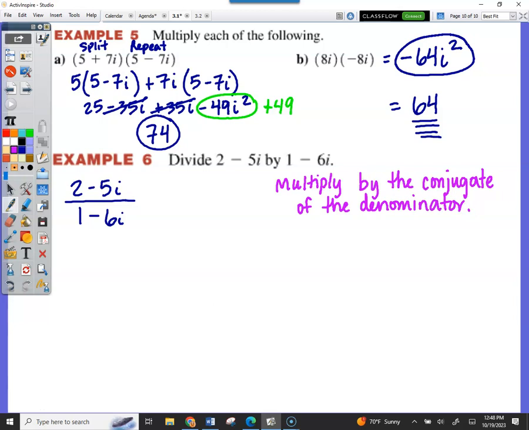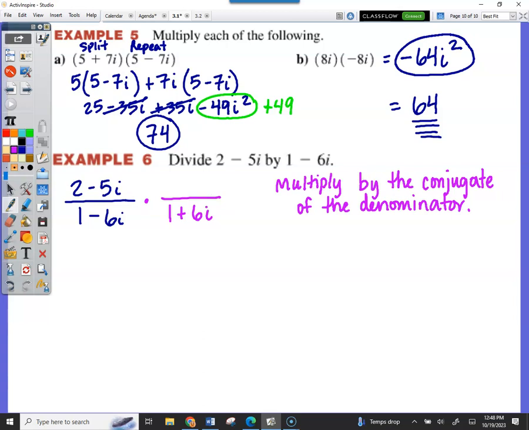Very similar to when we had radical expressions. Remember this? And you're not allowed to leave a radical in the bottom, so you would multiply by root 3 to get rid of it. Same concept here. We're going to multiply by what is the conjugate of 1 minus 6i? 1 plus 6i.